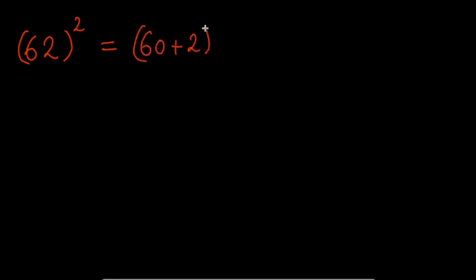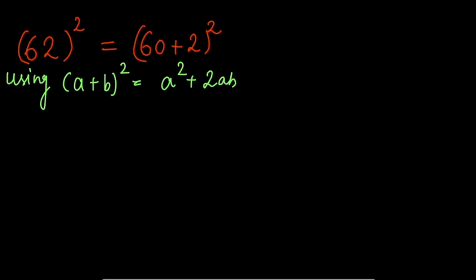The question I am asking you: find the square of 62 using an algebraic identity. So I can write it as (60 plus 2) whole square, right? Using (a plus b) whole square, which is equal to a square plus 2ab plus b square, if I compare this, what is a in my equation? 60. What is b there? 2, right?